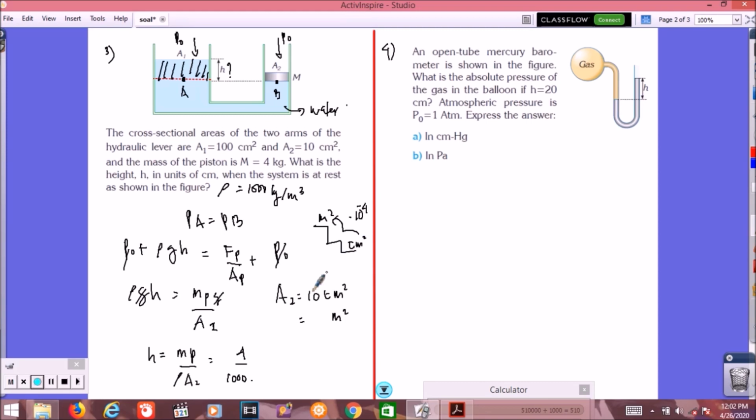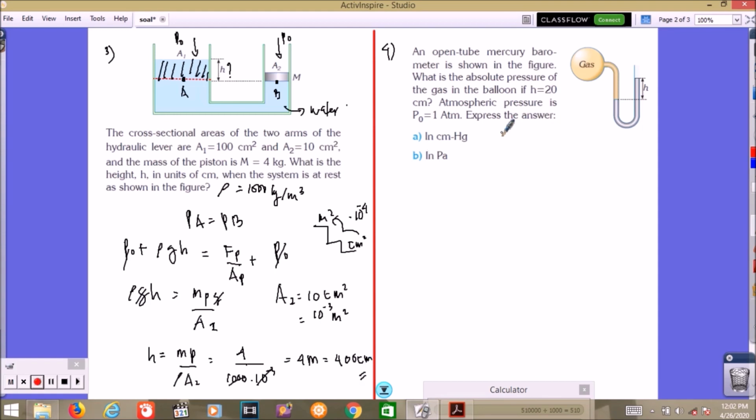So here 10 times 10 power minus 4 becomes 10 power minus 3. So the A2 in meter squared is 10 power minus 3. We cancel, and then the result is 4 meter or 400 centimeter.